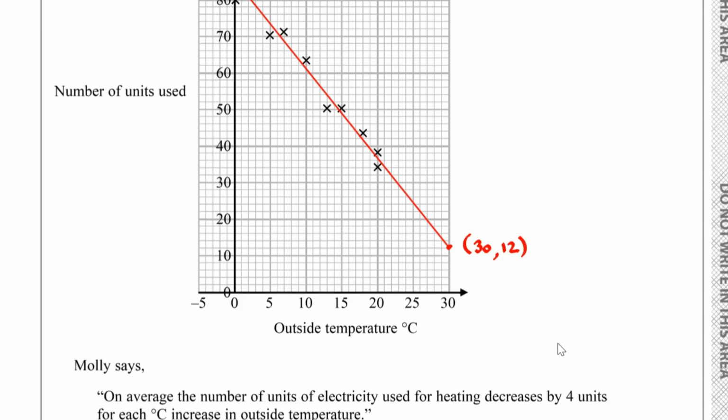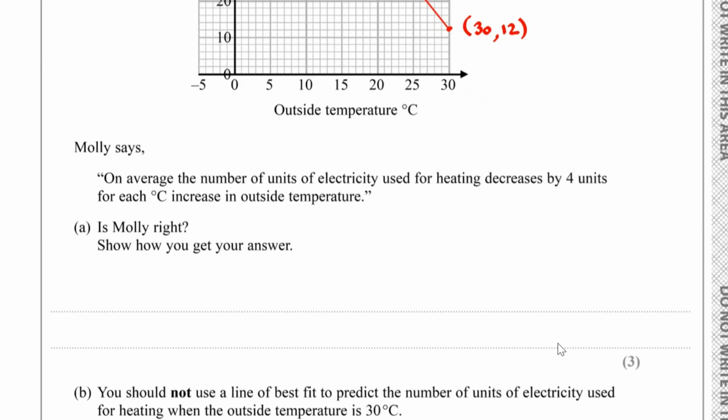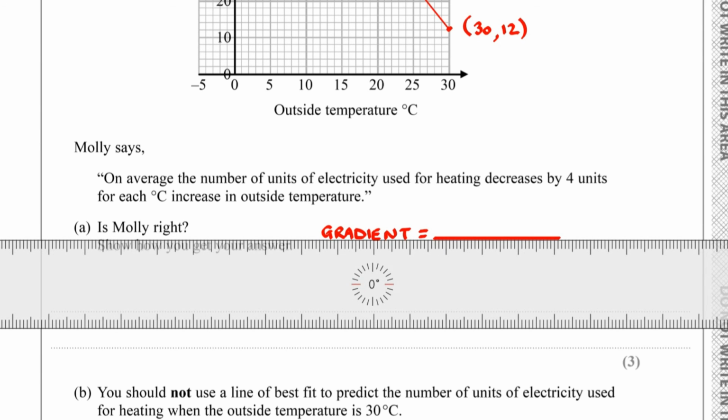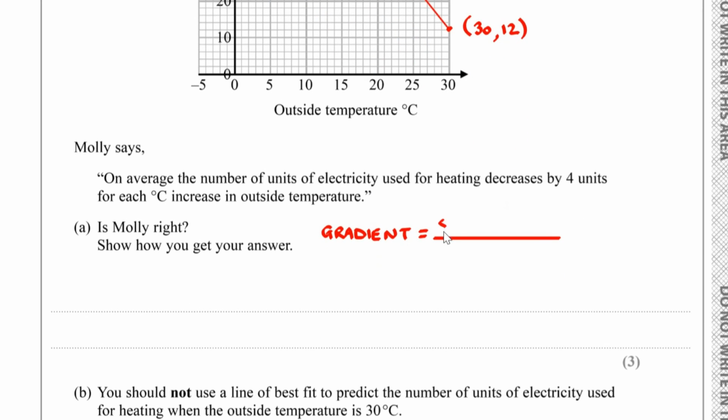So what I need to do is find out the gradient. And I can do that using the change in y over the change in x. So for the gradient, I've got the change in y, 85 take away 12, over the change in x, 0 take away 30.